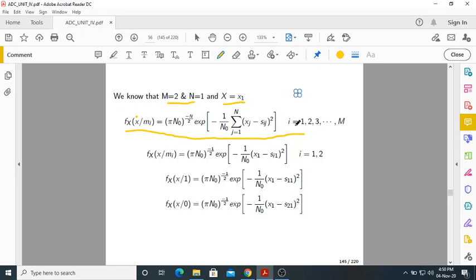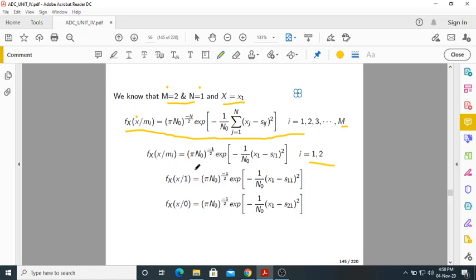But here i equal to 1 to 2. M equal to 2, no? i varies from 1 to 2, but N equal to 1. Substitute here. So f_X of x given m_i equals (pi N0) whole power minus 1 by 2 times exp of minus 1 by N0 times (x1 minus s_i1) whole square, for i equal to 1 to 2.